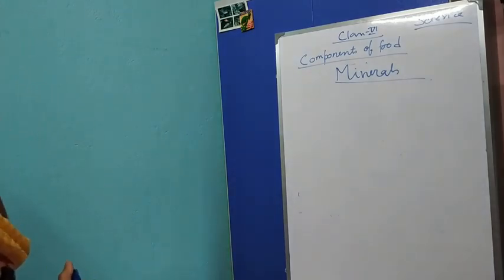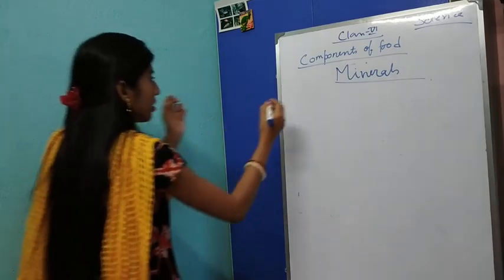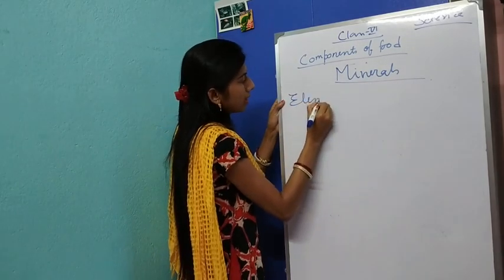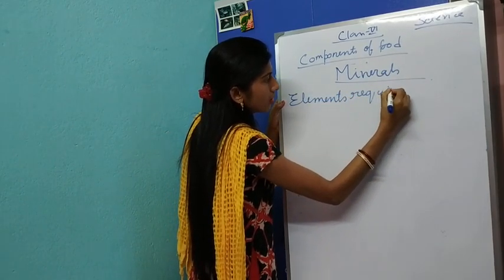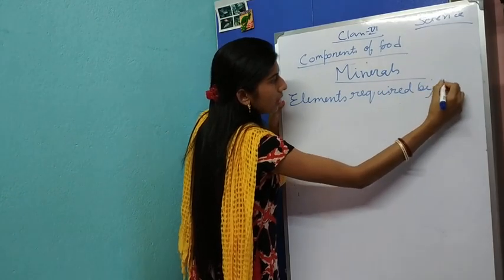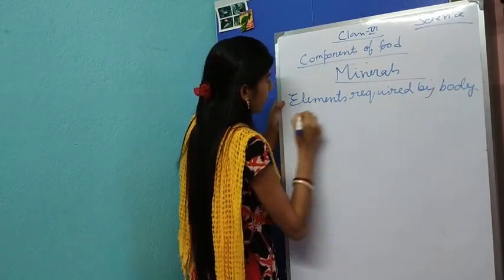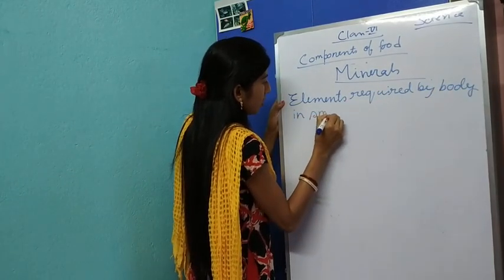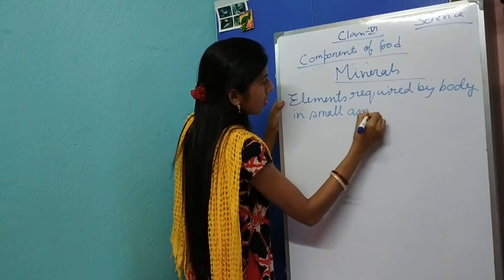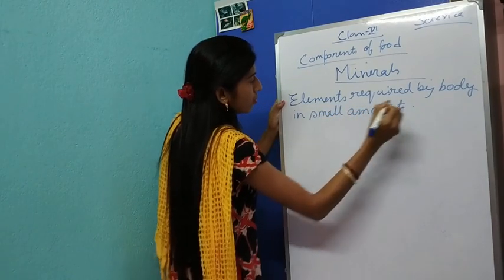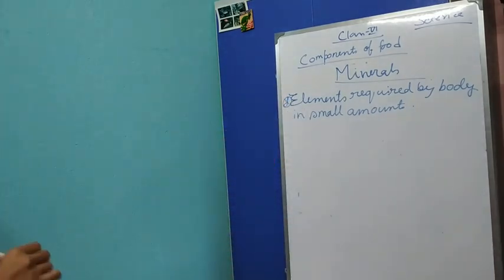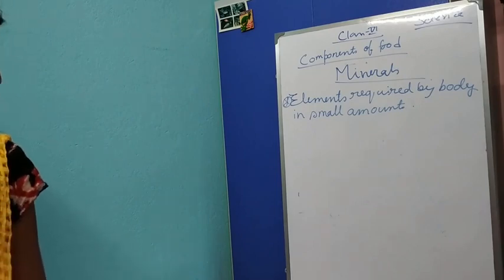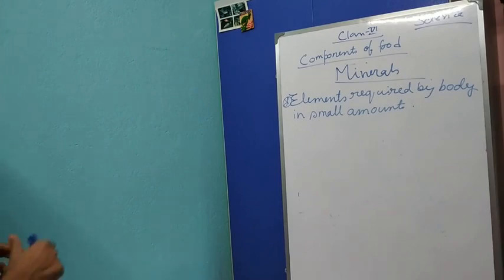Minerals are elements required by the body in small amounts. Minerals are some elements which are required by the body but in very small amounts, and they are essential for growth and development of bones, teeth, etc.